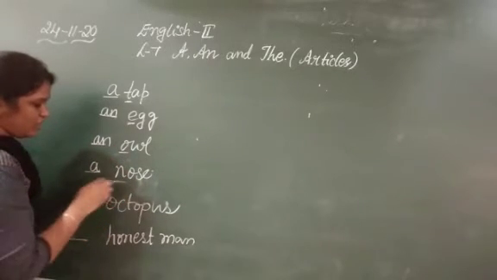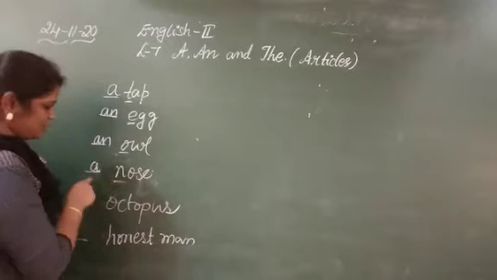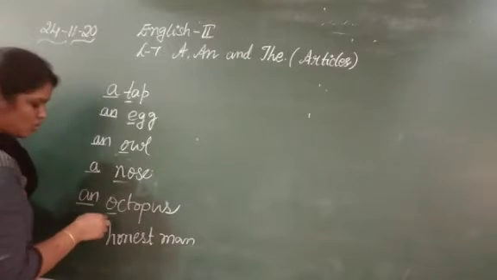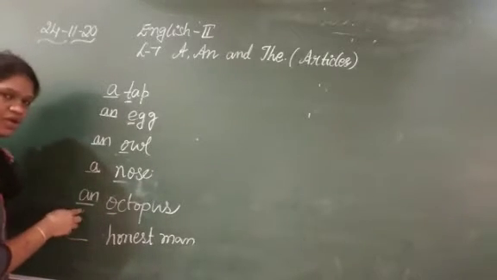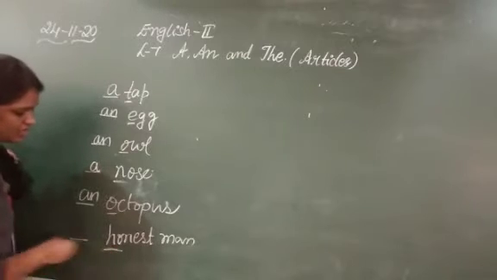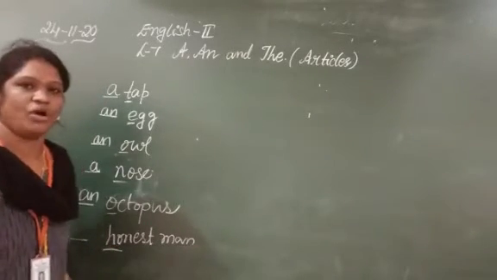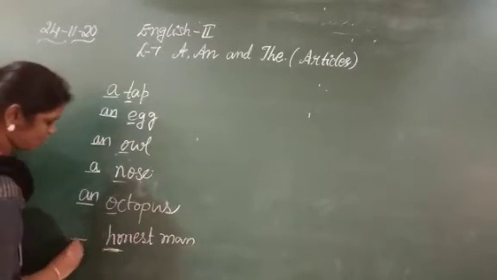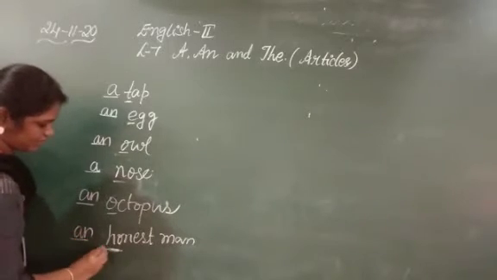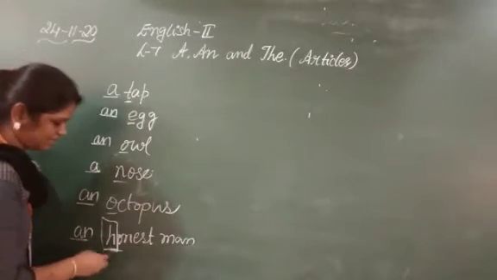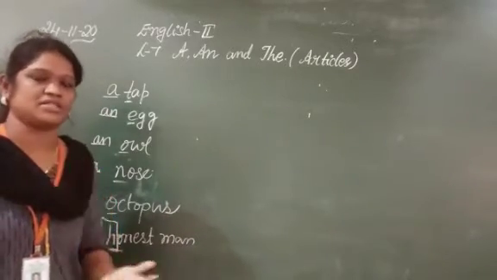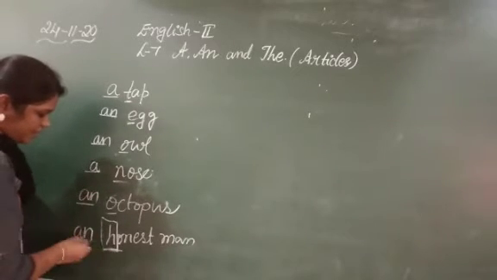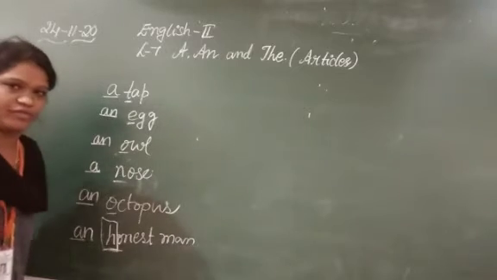So a nose. Before a consonant letter you are going to use a. And before a vowel sound you have to use an. Okay.